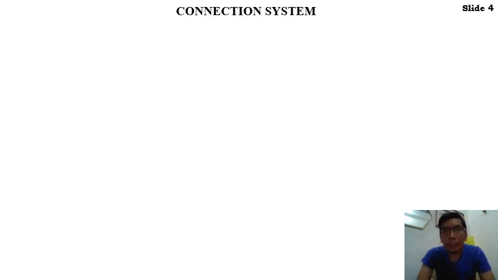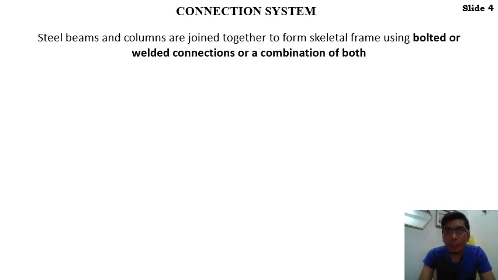Alright, in this video, I'm going to explain the connection system of the steel framing system. Basically, there are numerous types of connection systems available, but for the steel framing system, we consider two types: bolted connection, which uses bolt and nut, or welded connection, or a combination of both, depending.